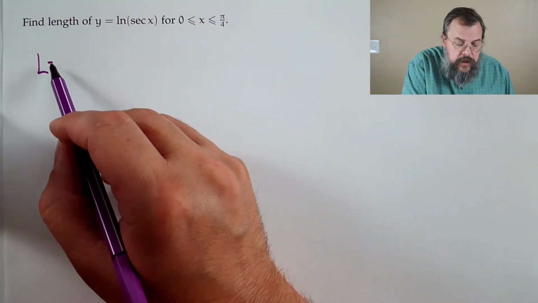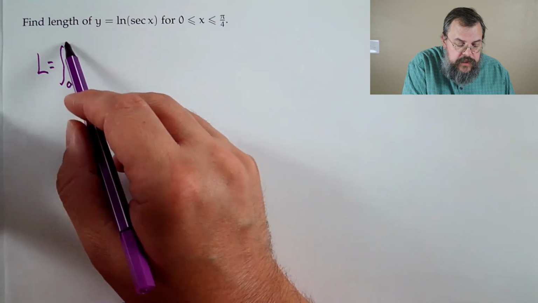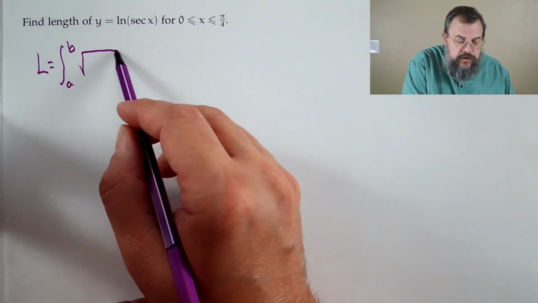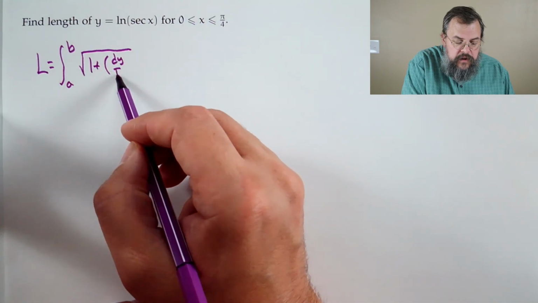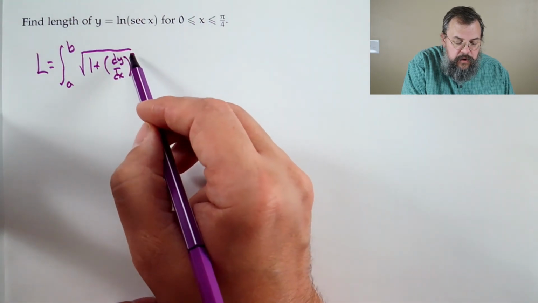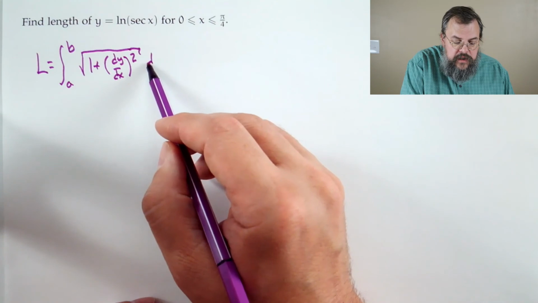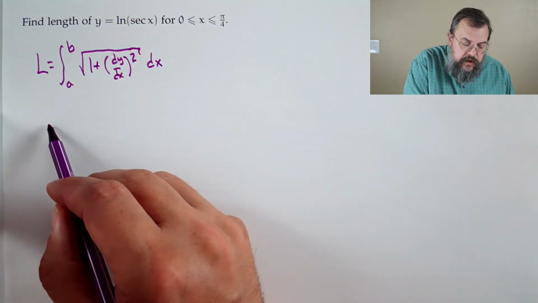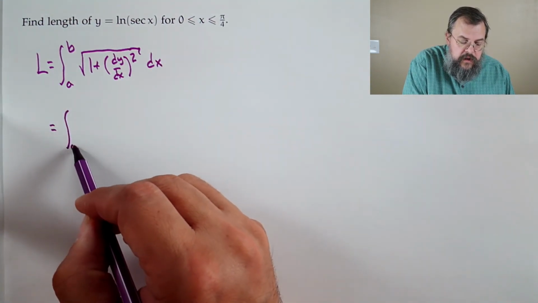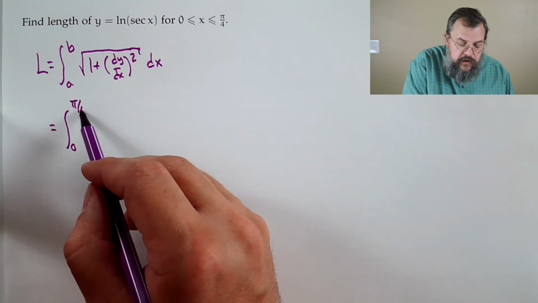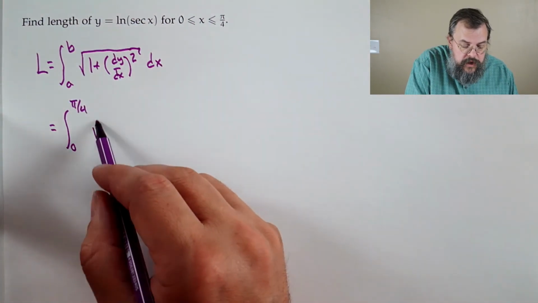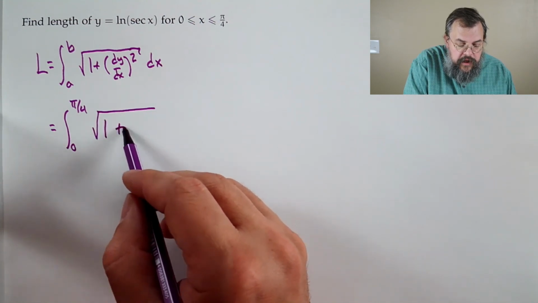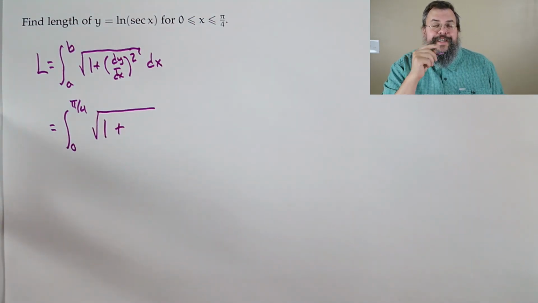So length, we're adding up, start to finish, the square root of 1 plus our derivative dy dx squared, and then times our change in x. So for us, 0 to pi over 4, because start to stop, square root of 1 plus, now, log secant.